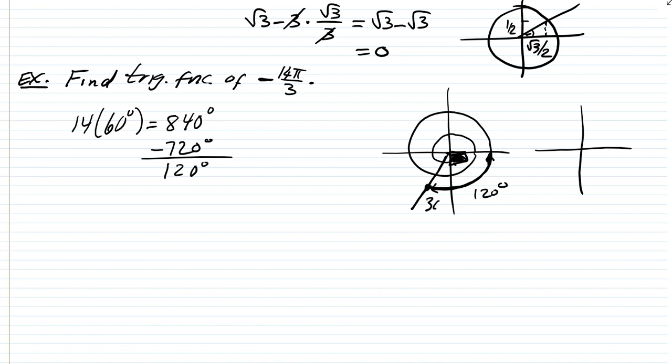So this is 30 degrees. Again, this means this angle is 60 degrees. The radius is 1, and the side opposite 30 is half the hypotenuse, which is the radius here. So that's root 3 over 2.